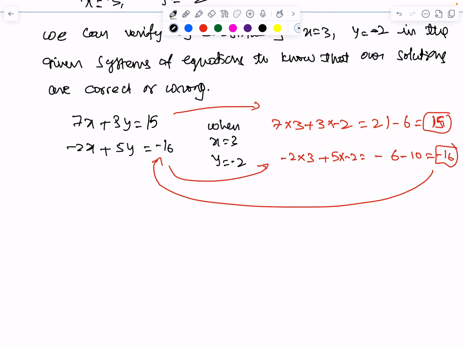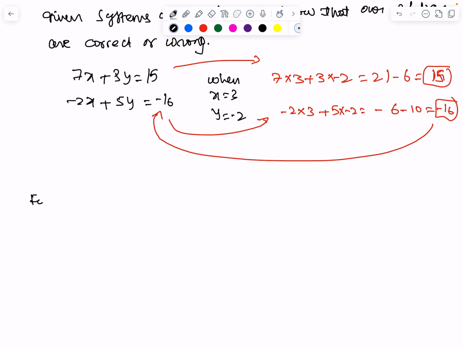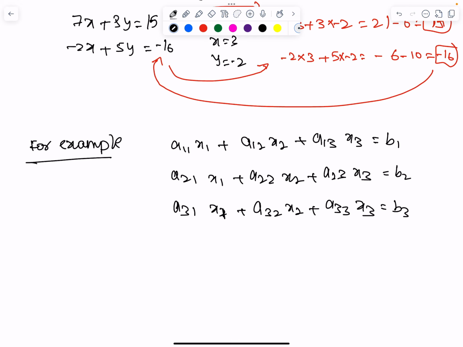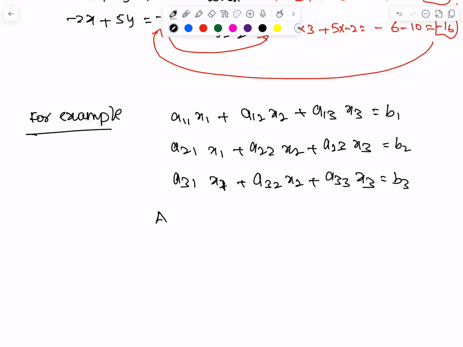Next, moving back to a system of 3 by 3. For example, you have a system A11 x1 plus A12 x2 plus A13 x3 is equal to B1, A21 x1 plus A22 x2 plus A23 x3 is equal to B2, then A31 x1 plus A32 x2 plus A33 x3 is equal to B3, where A11, A12, A13 and so on up to A33 are the coefficient matrix entries, x1, x2, x3 are the unknowns, and B1, B2, B3 are the non-homogeneous, or inhomogeneous, entries of the matrix.